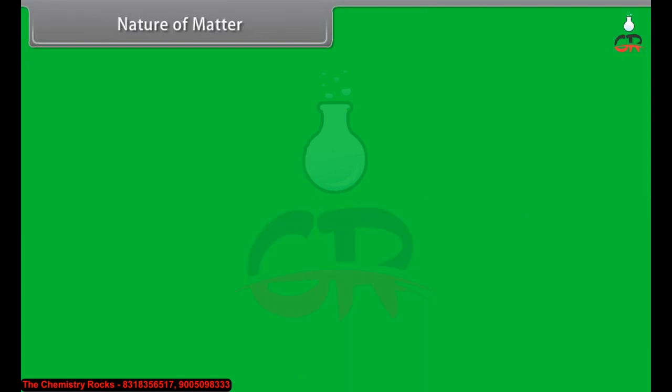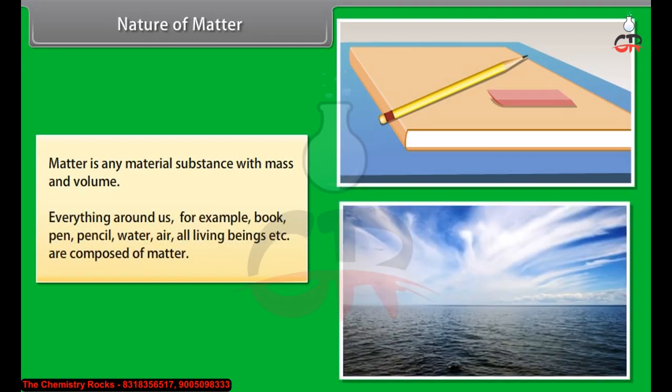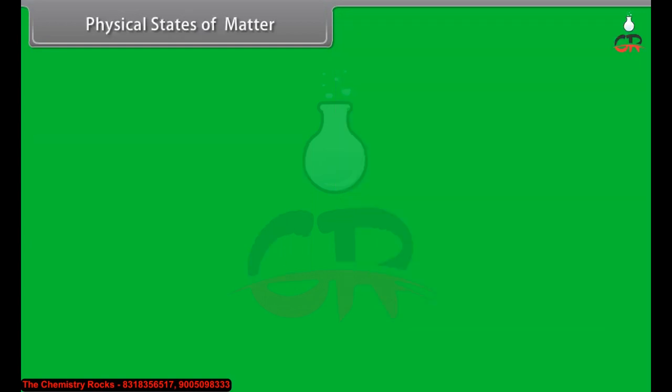Nature of matter. Matter is any material substance with mass and volume. Everything around us, for example, book, pen, pencil, water, air, all living beings, etc., are composed of matter. Physical states of matter.